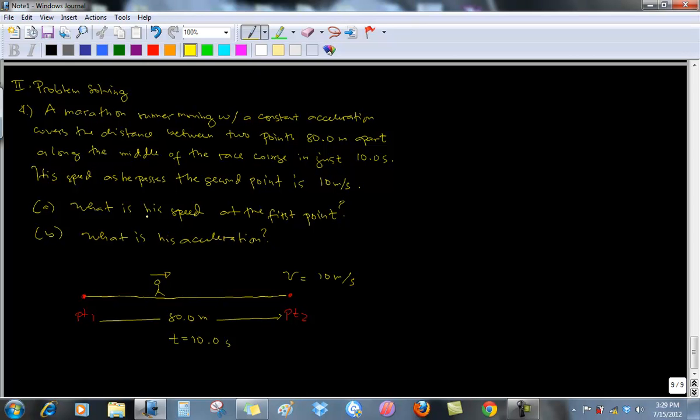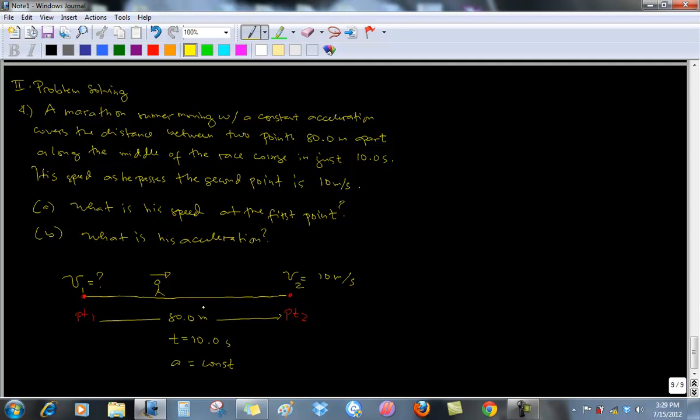The question, letter A, what is his speed at the first point? He is running fast there. So this is V2. So at the first point, what is V1? Speed. Given that he is moving with constant acceleration, meaning he is either speeding up or slowing down, depending on whether the acceleration is negative or positive.